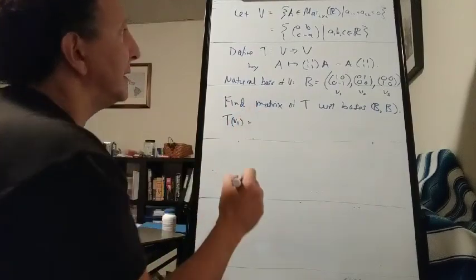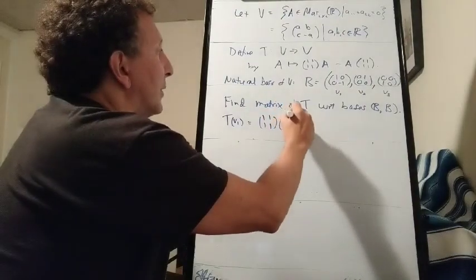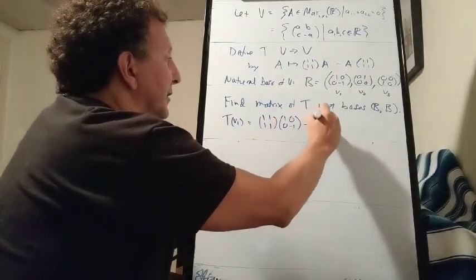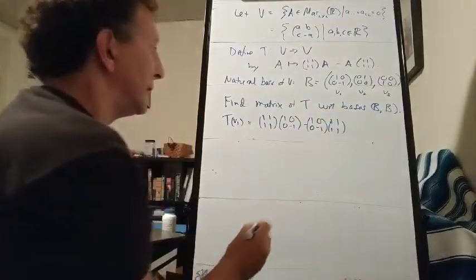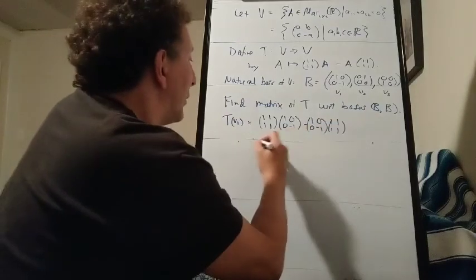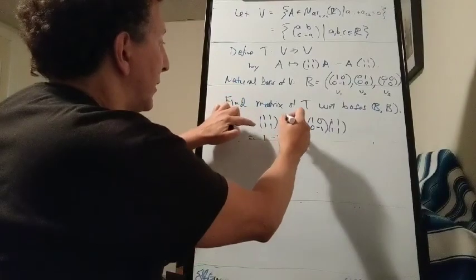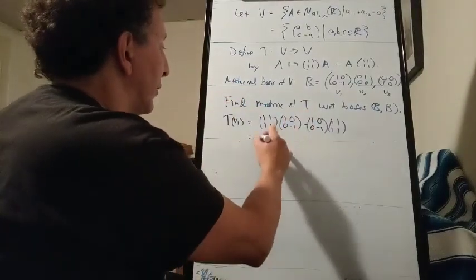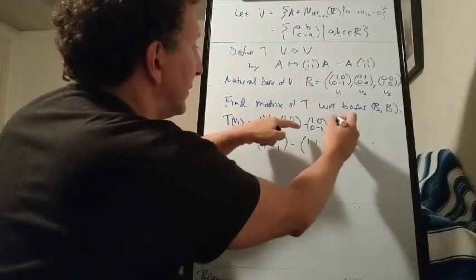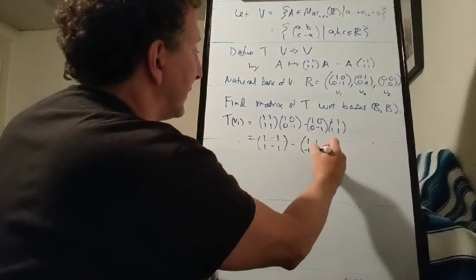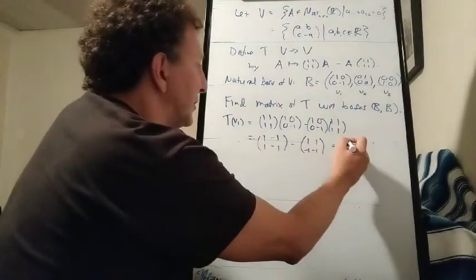T of V1 equals, let's see, [1, 1; 1, 1] times [1, 0; 0, -1] minus [1, 0; 0, -1] times [1, 1; 1, 1], which is [1, -1; 1, -1] minus [1, 1; -1, -1]. So the first entry is 1 minus 1, which is 0.